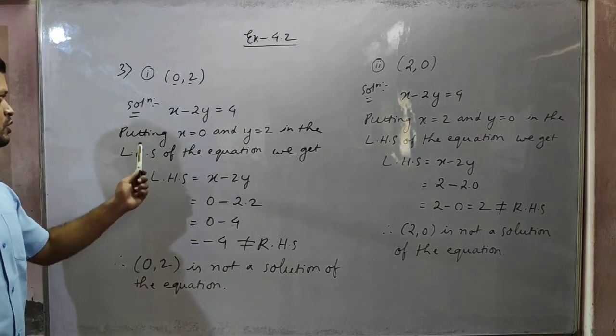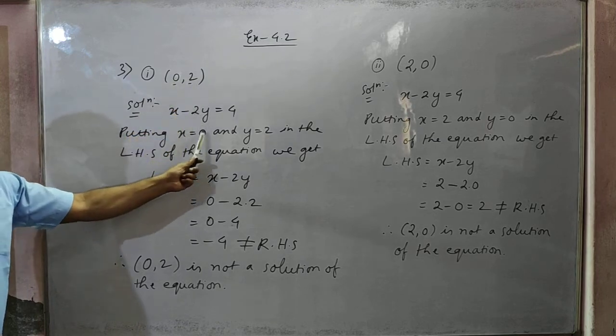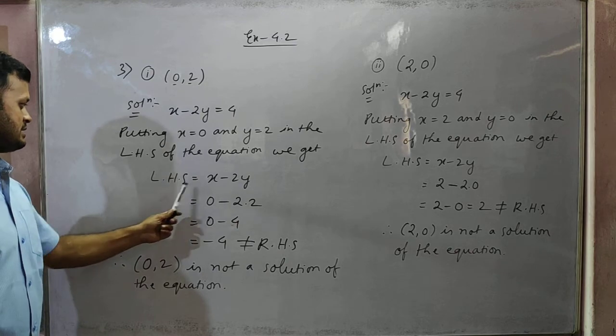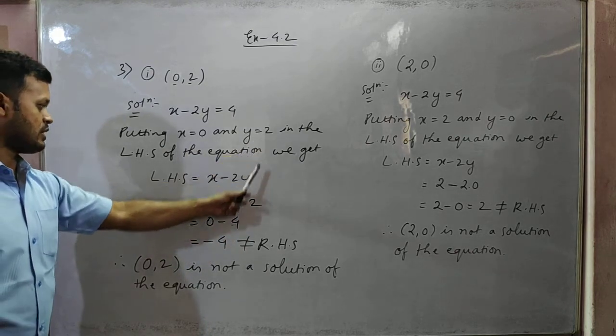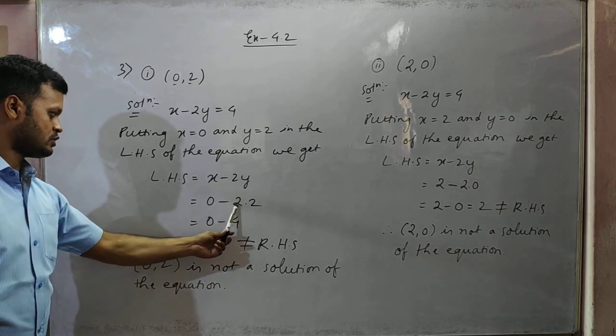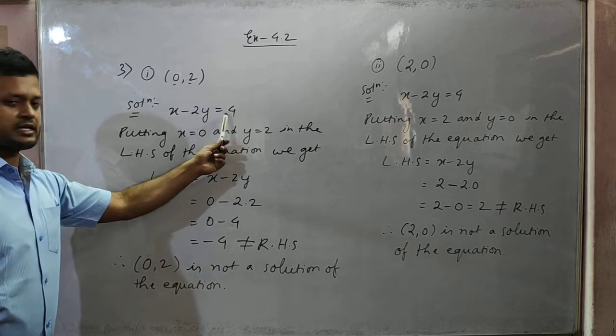Putting x is equal to 0 and y is equal to 2, this is x and this is y. In the LHS of the equation, LHS is equal to x minus 2y. In place of x, we will put the value of x, and in place of y, we will put the value of y. So 0 minus 2 into 2 will become how much? 4. So 0 minus 4 is minus 4. And on the right hand side, we have what? Plus 4.